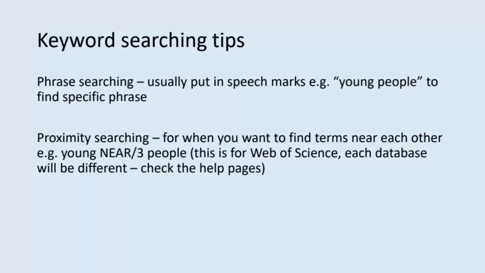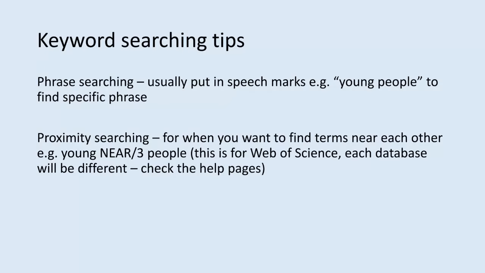So in that situation, you would get your papers about young British people. And in terms of what the space needs to be, whether it's 3 or 5, it really just depends on your term. So you need to have a think about what's the appropriate space or test it in the database itself.